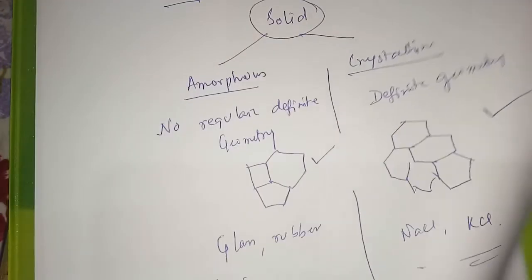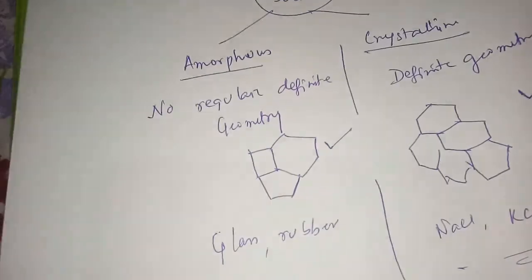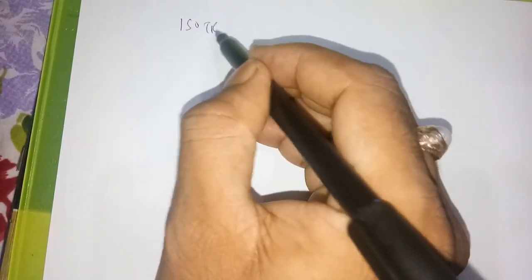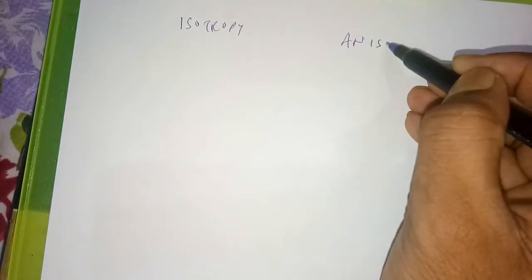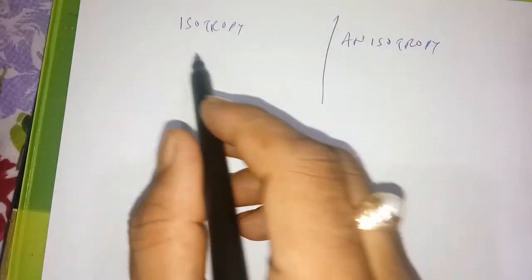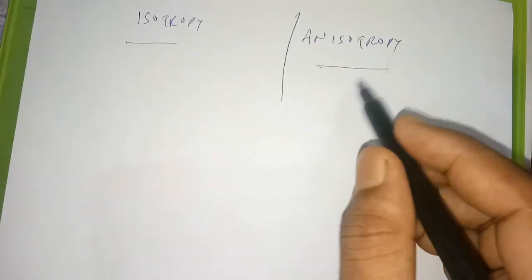So let us take another page. Isotropy and anisotropy. Isotropy means, first of all you understand the anisotropy one.